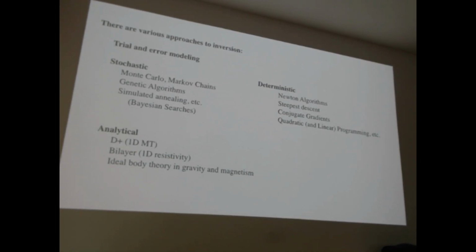That used to be the only way you could do that. There are deterministic models based on Newton algorithms. There's stochastic modeling based on so-called Monte Carlo methods, genetic algorithms, simulated annealing. And then there's analytical. For some 1D problems, there are analytical inversions the same way as there's an analytical forward problem. But only for two problems that I know of, one-dimensional MT and one-dimensional resistivity.